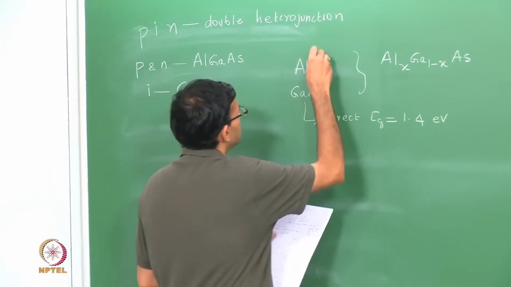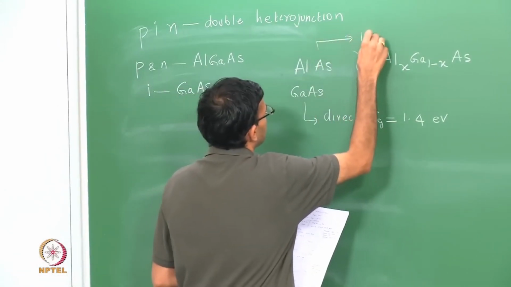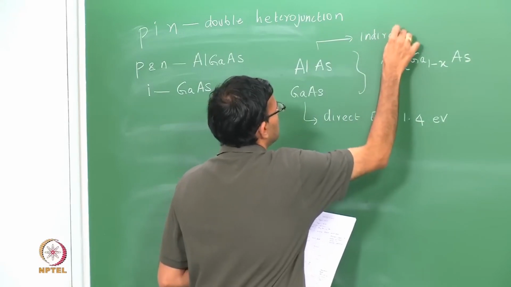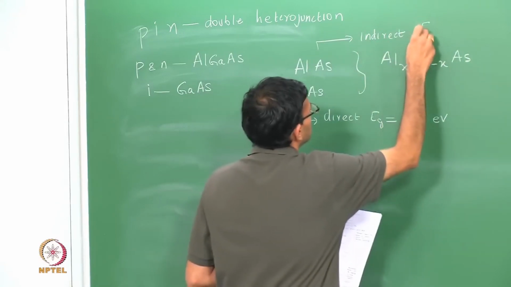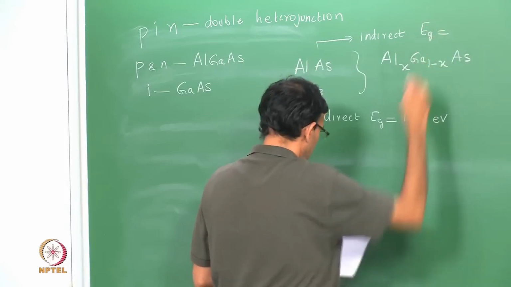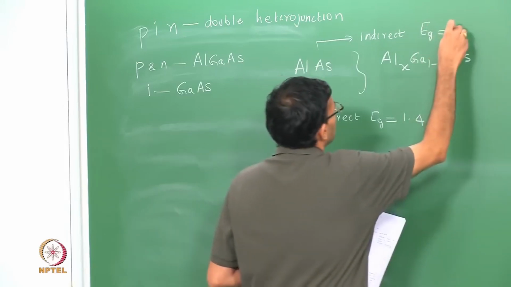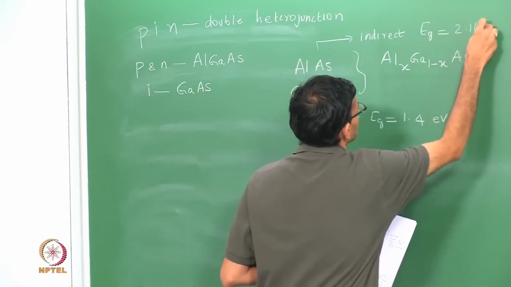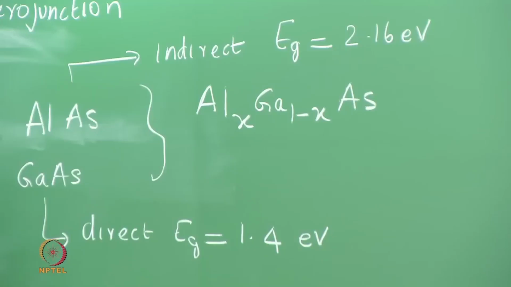Aluminum arsenide is an indirect band gap semiconductor with Eg that is higher, around 2.16. So, this is a direct band gap, this is an indirect band gap.